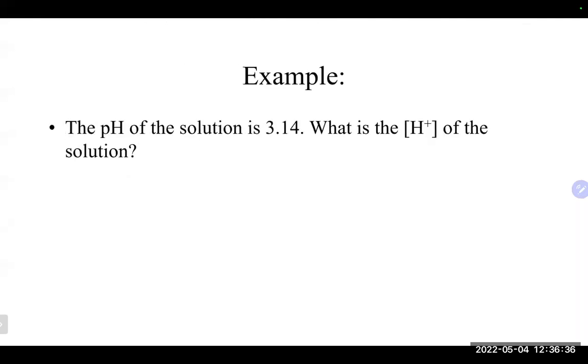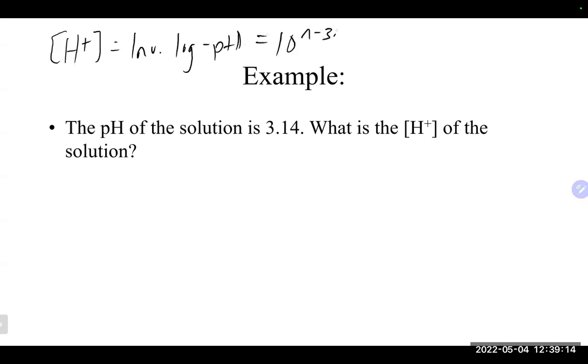All right, so we'll just do what this one asks. What is the H plus of a solution that has 3.14 for its pH value? So we'll just do H plus on this one. We're going to use our H plus is equal to the inverse log of the minus pH.